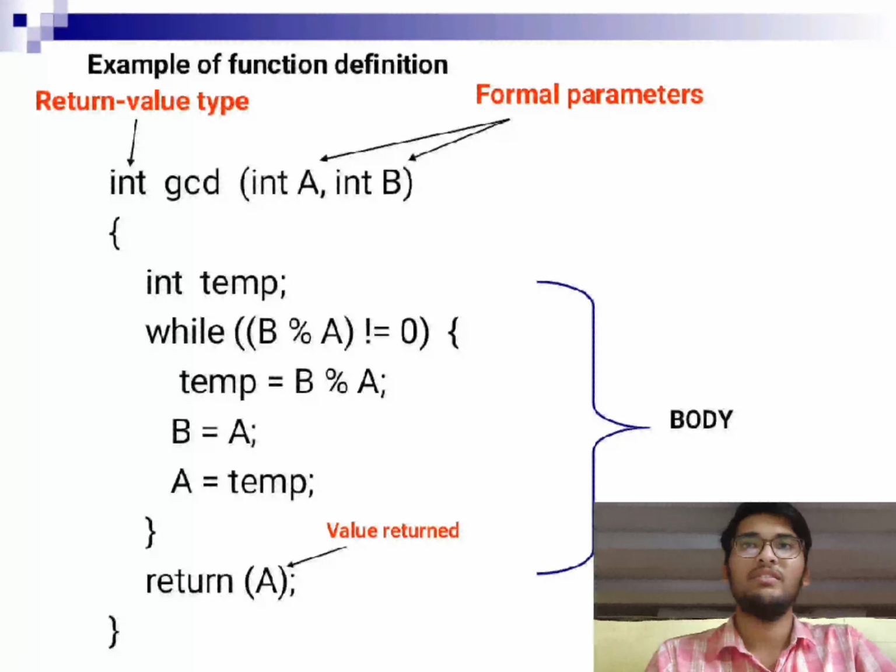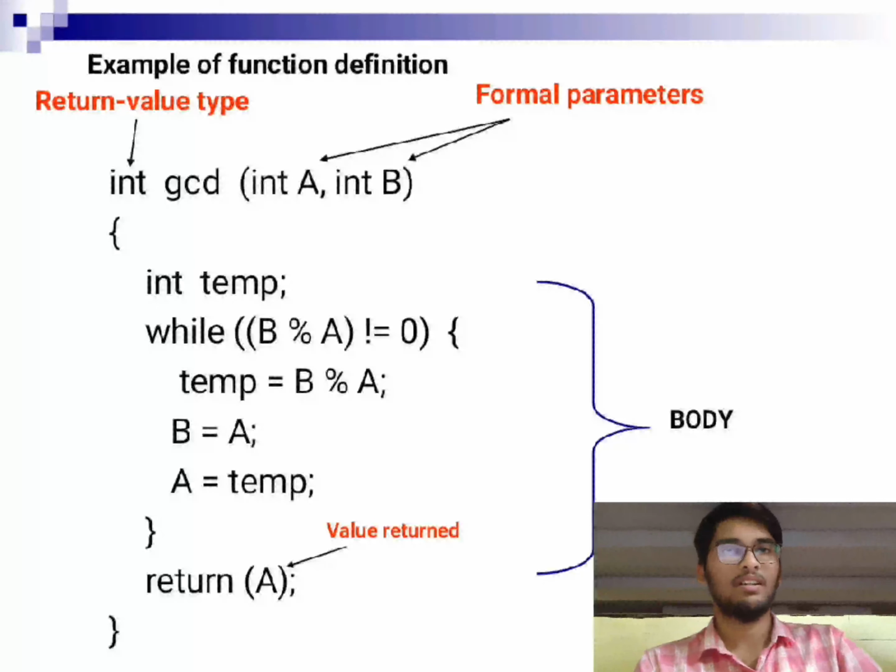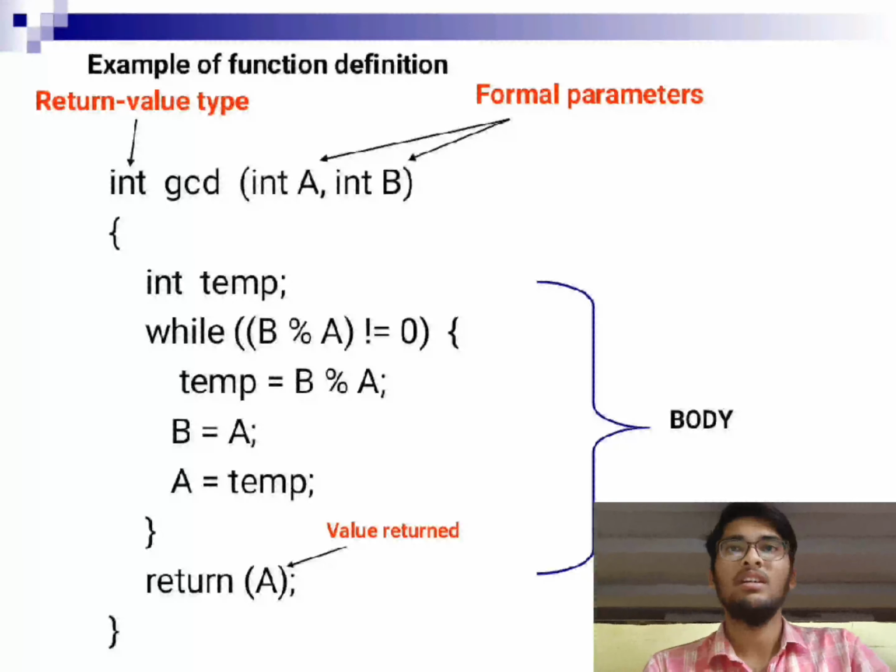Example for function definition. Let us see what the return type, formal parameters and return value are. Here int gcd, int a, int b. Here int is the return type, and the parameters are int a and int b. Int is nothing but the return data type. For this function, a block is opened with a curly brace.